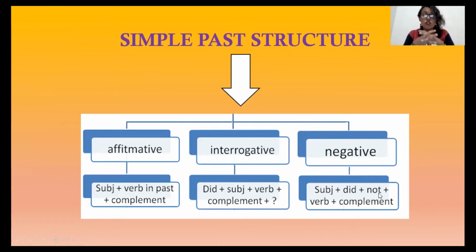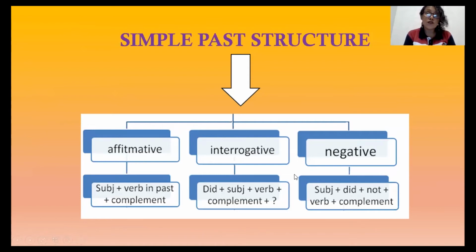But if we want to make it shorter, we are going to use a contraction. Instead of saying did not, we can say didn't. It's possible. Subject plus did not, plus the verb in simple form plus the complement. It is the difference that I talked about in the slide before, okay? So in affirmative, the verb goes in past. In negative, the verb goes in simple form because you are using did.